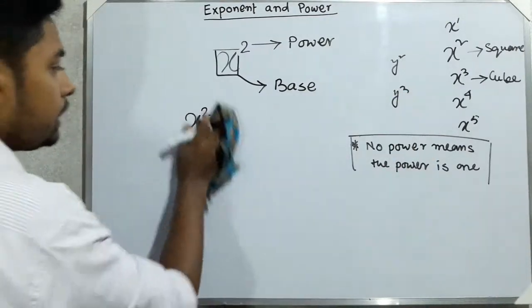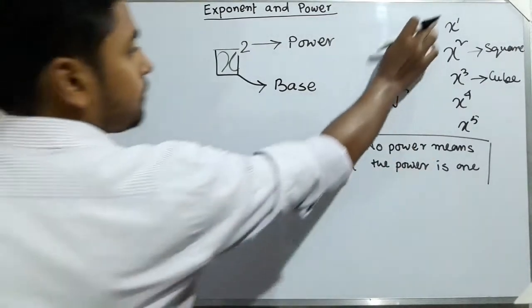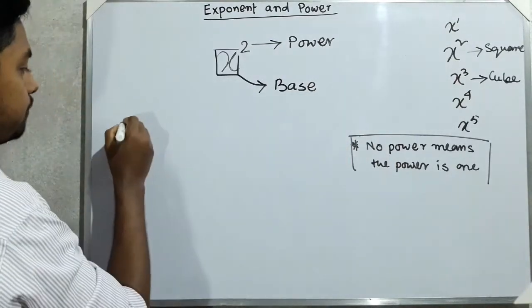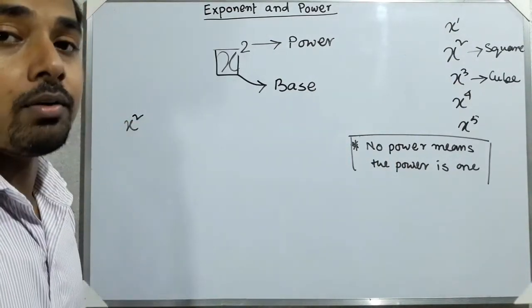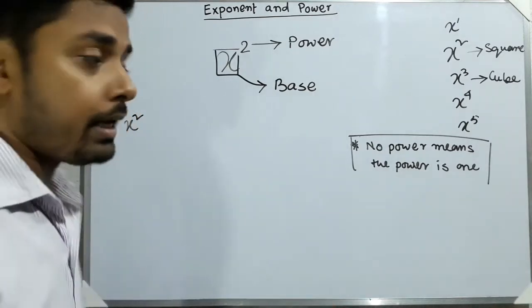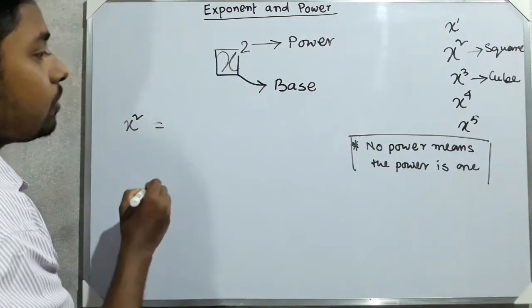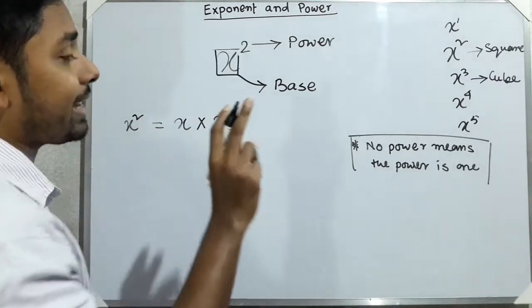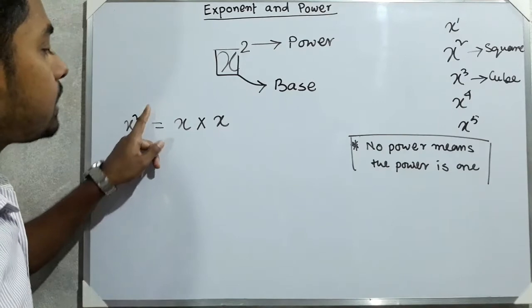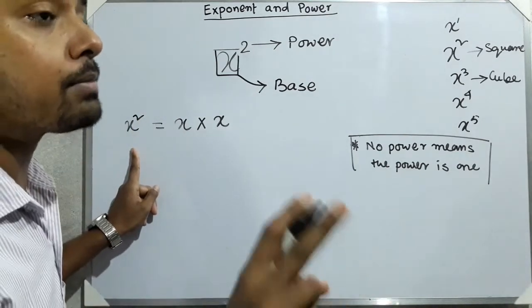Okay, now suppose I'm writing x square. Now what is the value of x square? What is x square actually? X square means we are multiplying 2 times x.